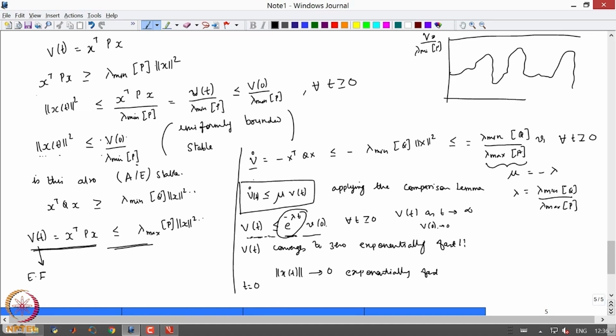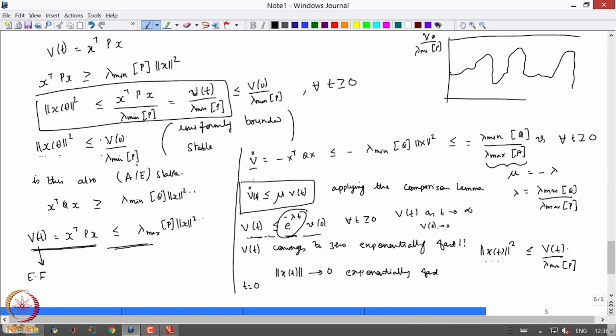From here I can just say that the norm of x of t squared is less than or equal to V of t over lambda min of P. V converges exponentially fast and therefore x converges exponentially fast.